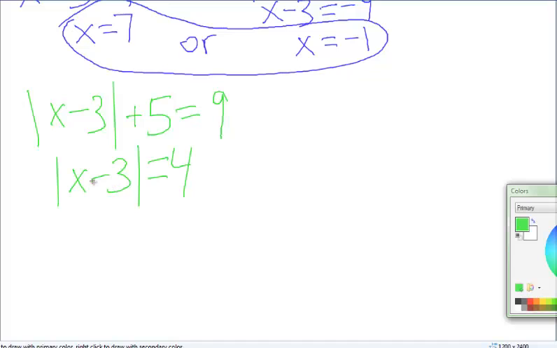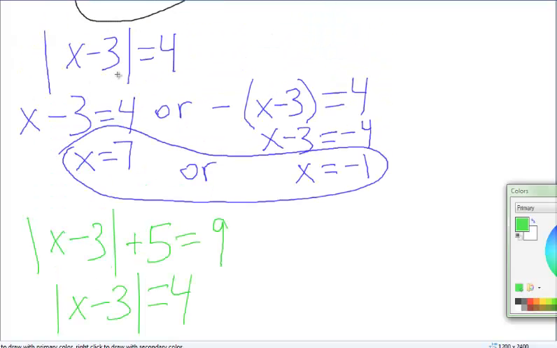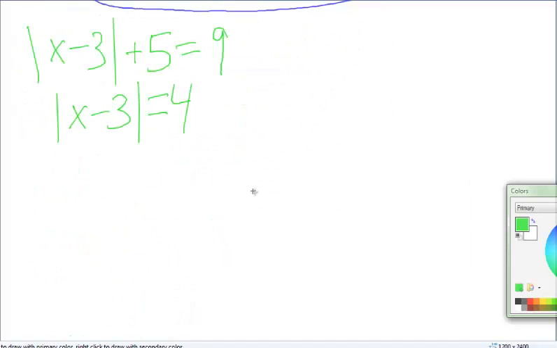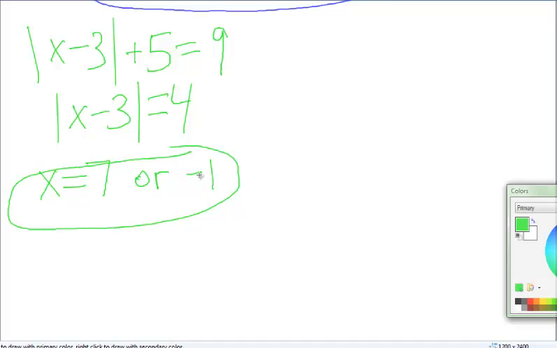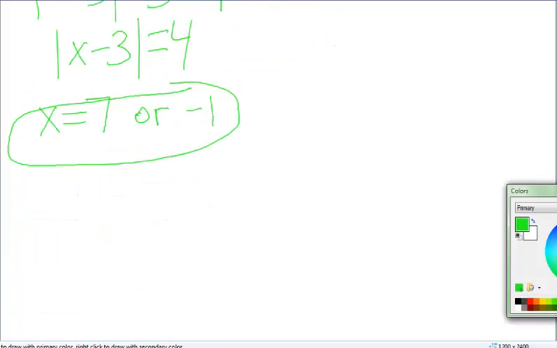Okay, now we solve it. Just like we solved absolute value of x minus 3 equals 4 here and got x equals 7 or x equals -1. X equals 7 or -1. A little more complicated? Alright, let's make it a lot more complicated.